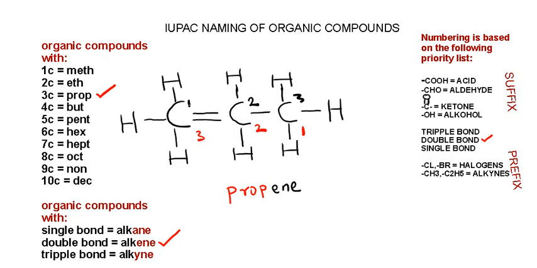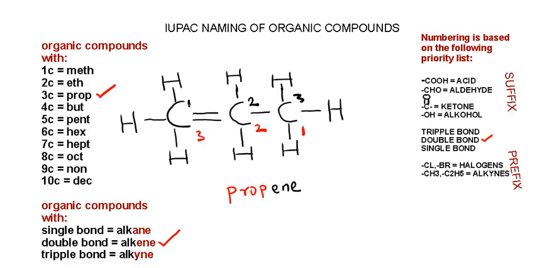And this double bond is also between carbon number 3 and carbon number 2 if you are numbering in a backward direction. Now remember, when we are talking about numbering, we always choose the lowest number possible.